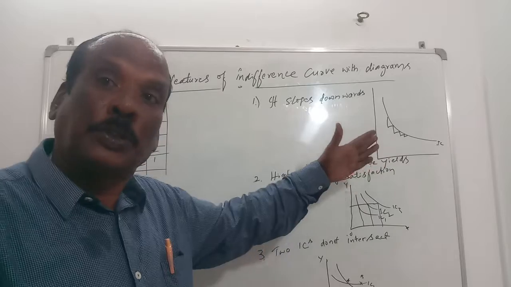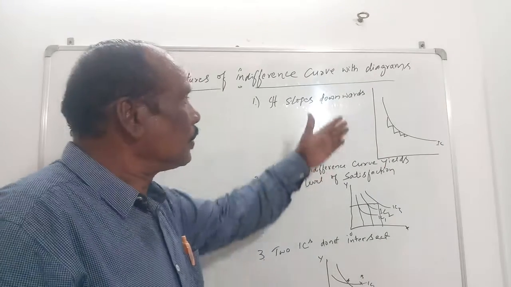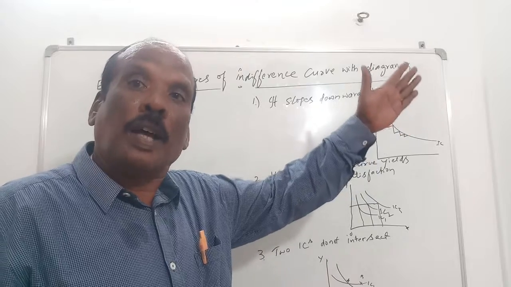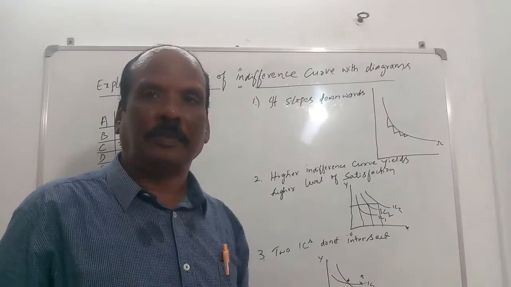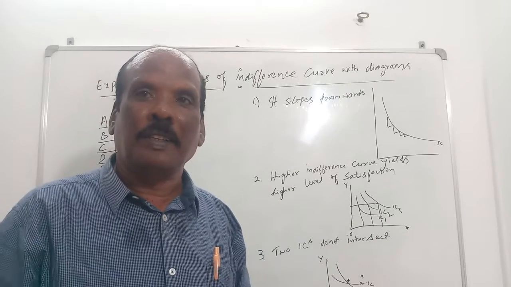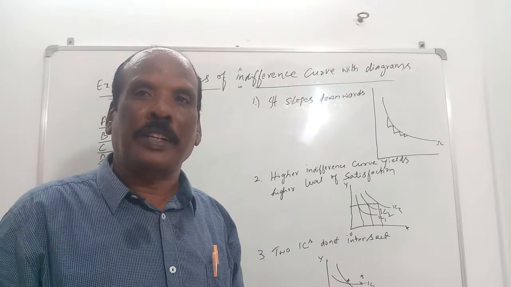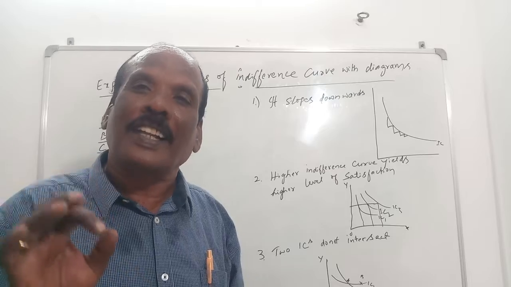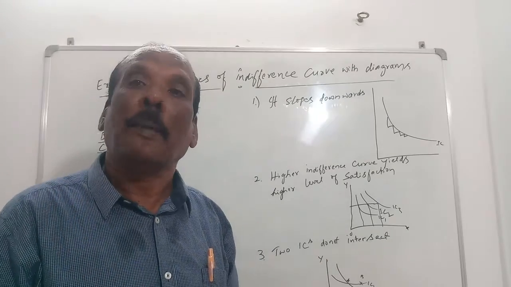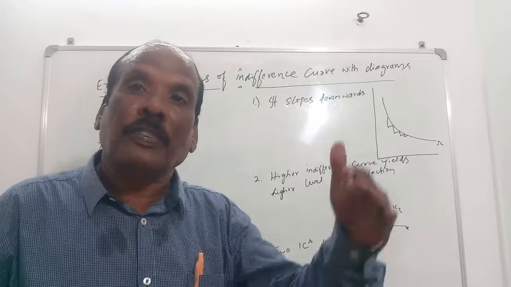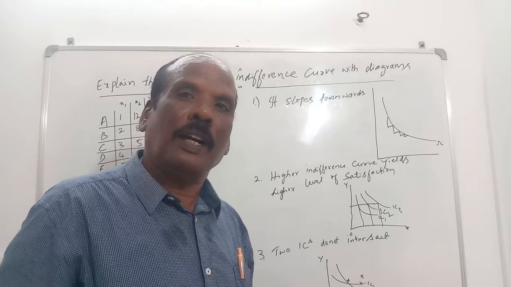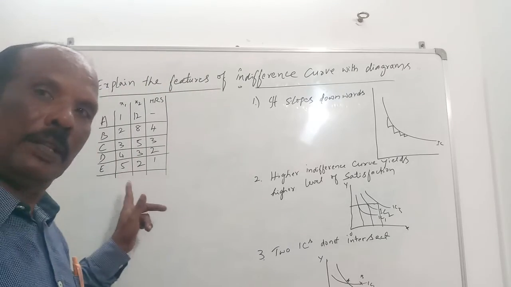Right? Substitution effect. So, as consumer goes on substituting one for the other, MRS, marginal rate of substitution, not marginal diminishing utility. So you should understand this concept, marginal rate of substitution, MRS. MRS goes on diminishing. That can be understood in this table.